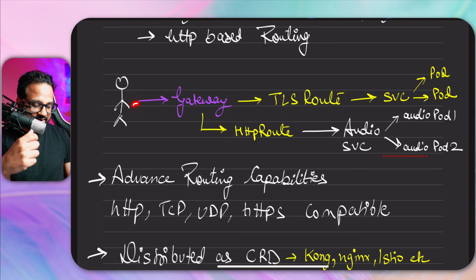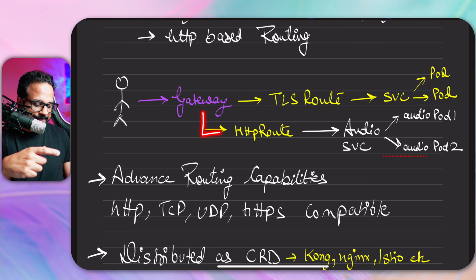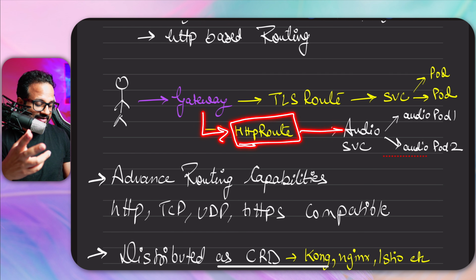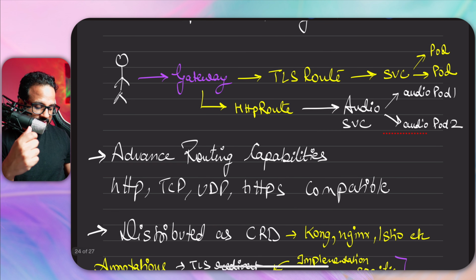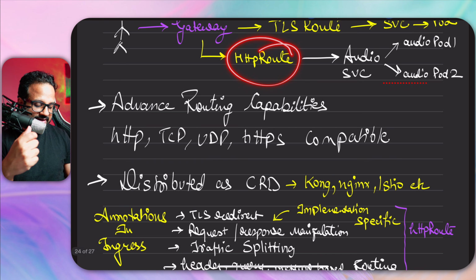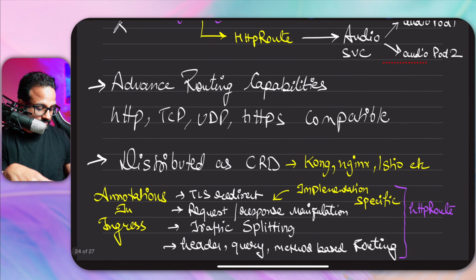You get your request through a gateway, which is an implementation of a gateway class. We'll look into that shortly, right? And based on the HTTP route, or based on the routes that you have configured, it will redirect the traffic to the different services and backends, respectively. So this particular HTTP route fits over here in this diagram.